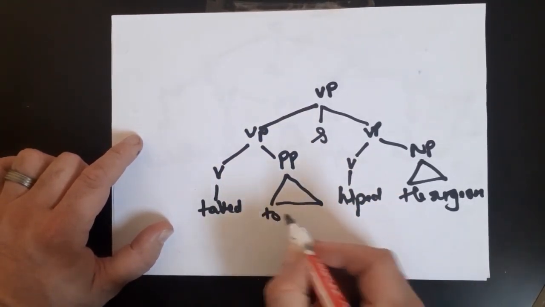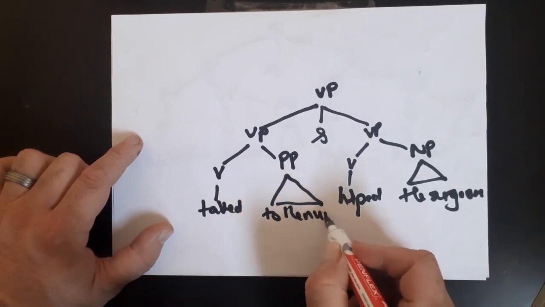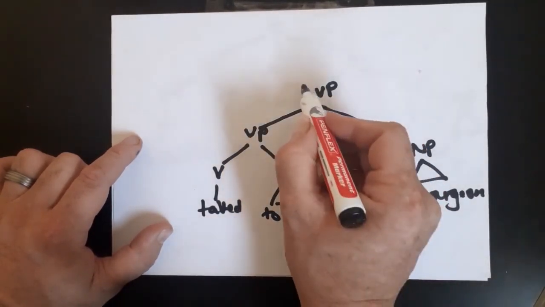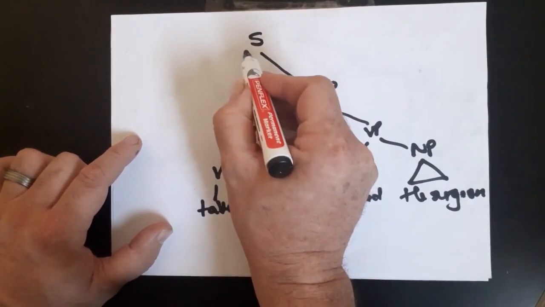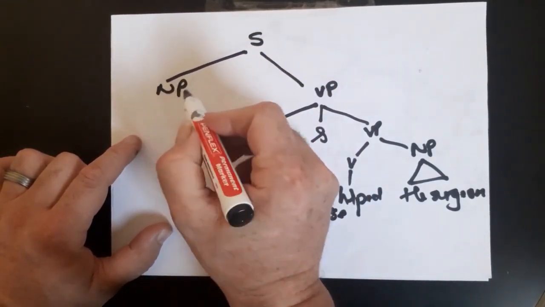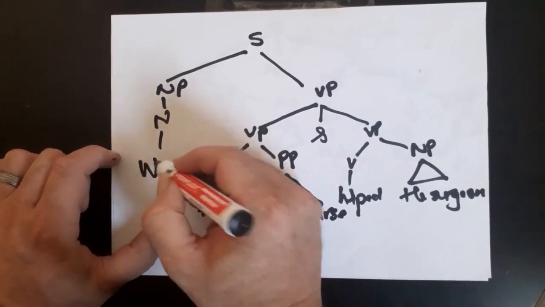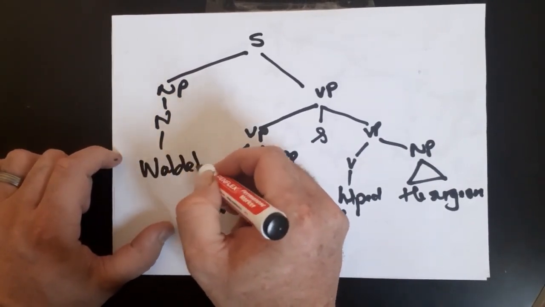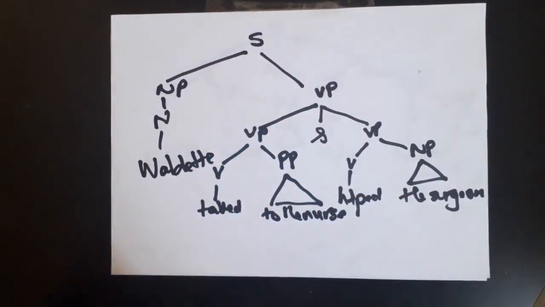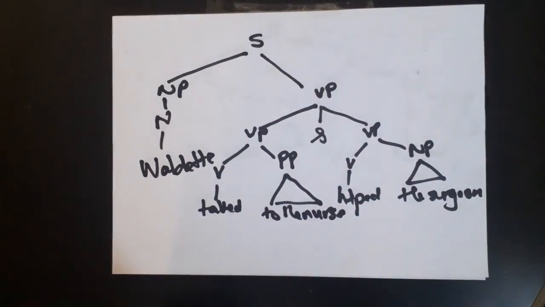And the verb helped selects a noun phrase object, the surgeon. The first conjunct also consists of a verb phrase headed by the verb talked, and with a prepositional adjunct to the nurse. Together, these form a compound coordinated verb phrase, which can fit into a larger tree structure as follows, with S breaks into noun phrase consisting of Voldet and our verb phrase.